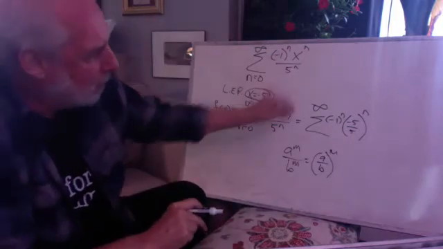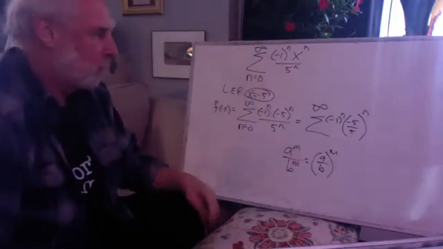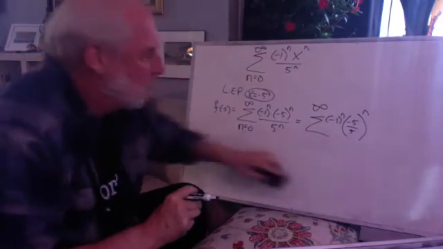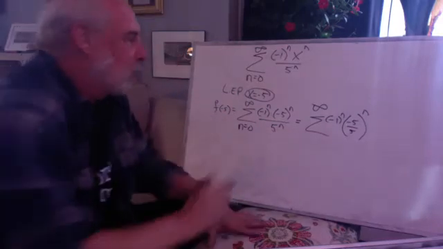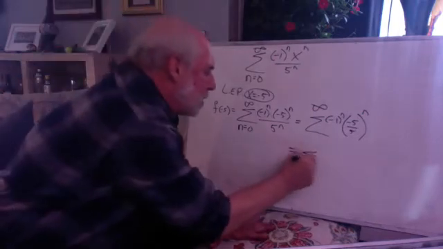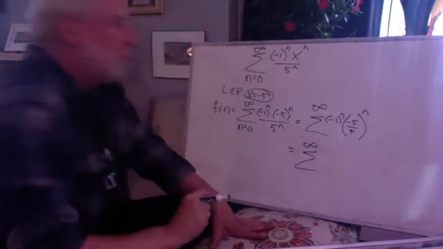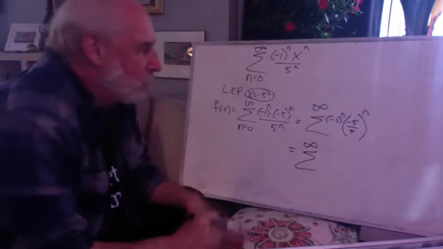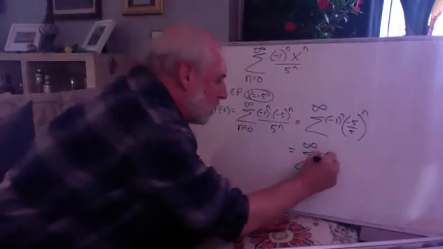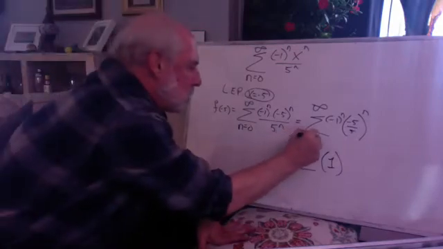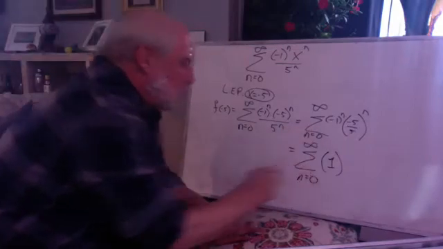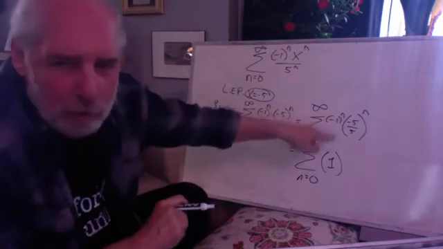So I just combined these two together. All right, so far? And now this becomes, well, this just becomes 1. You see how all of that became 1?